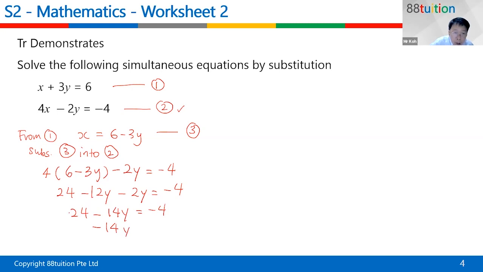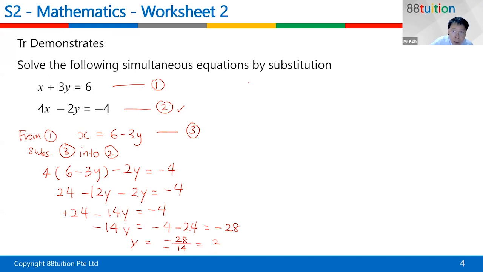So I hope you remember, this is a plus 24, we bring over, this becomes minus. So minus 24. So what I'll get is minus 28. So what's my y? My y is minus 28 divided by minus 14. So actually I get answer 2.